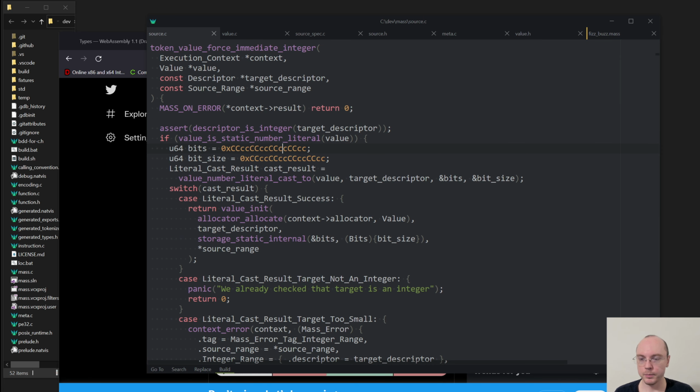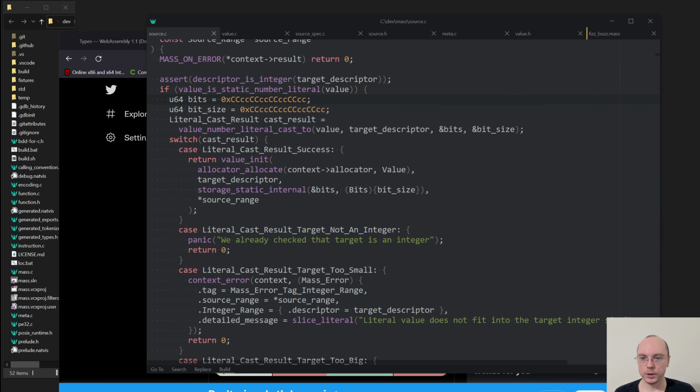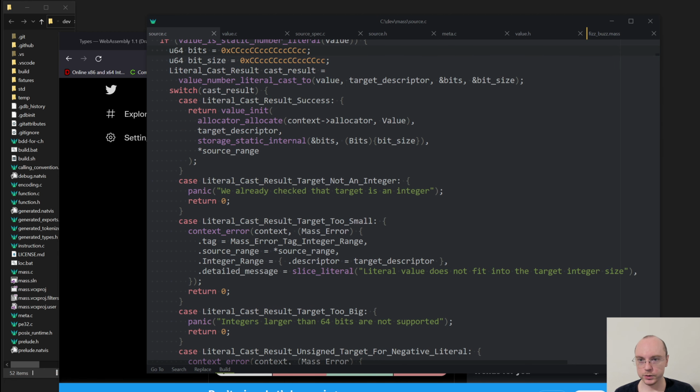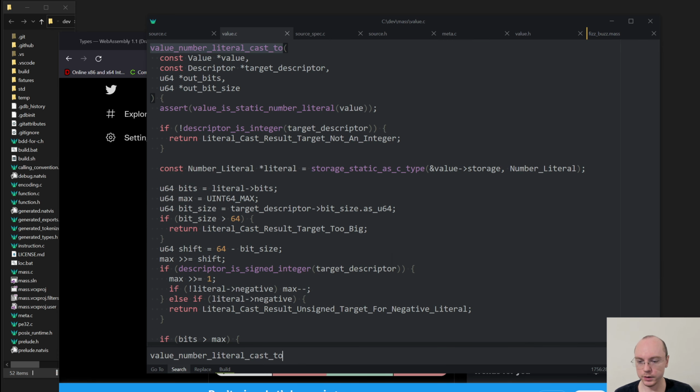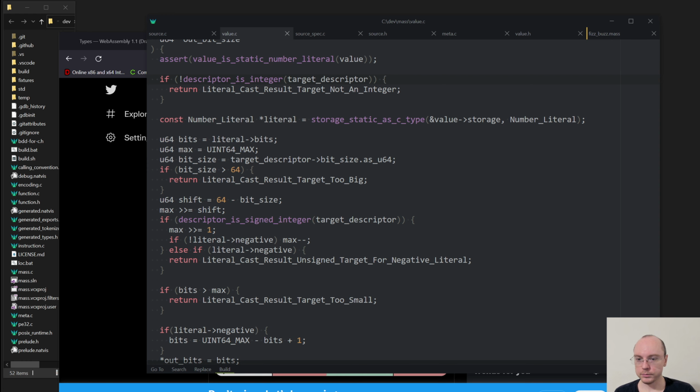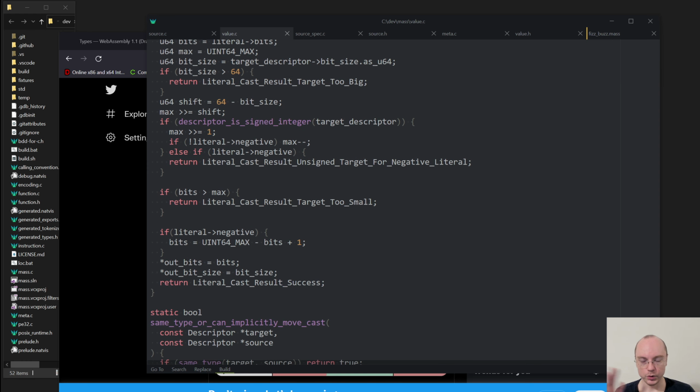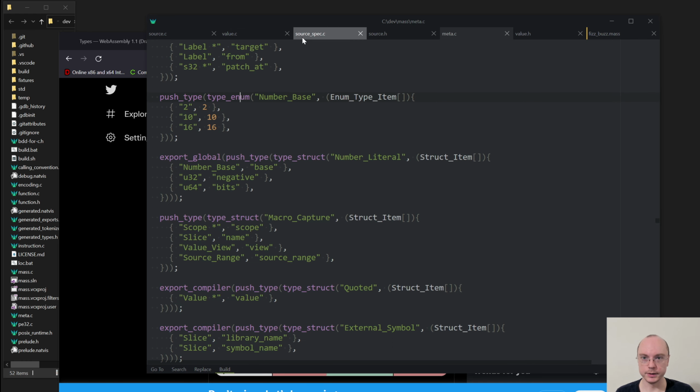So, yes. If we convert a number literal to a number, we do this call to value number literal cast, which is probably in here. Yes. And it does the check for the ranges. So it checks that the literal that we're trying to cast can actually fit into the right size.